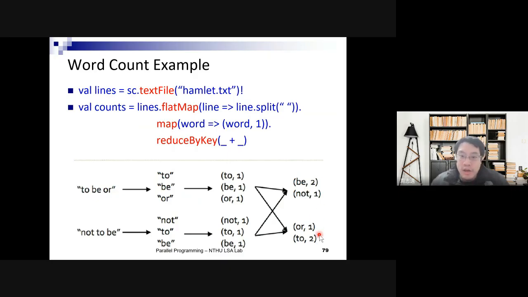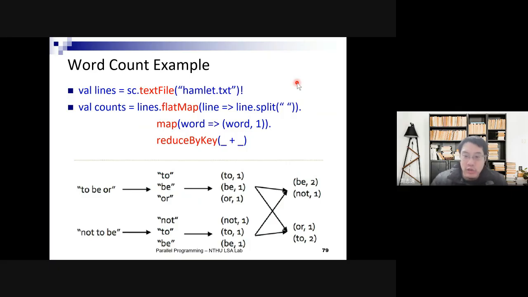Okay. All right. So you can see in terms of the programming interface, Spark further generalizes the interface of MapReduce, supporting not only the map and reduce functions, but all the functions that have been defined in a functional programming language like Scala.